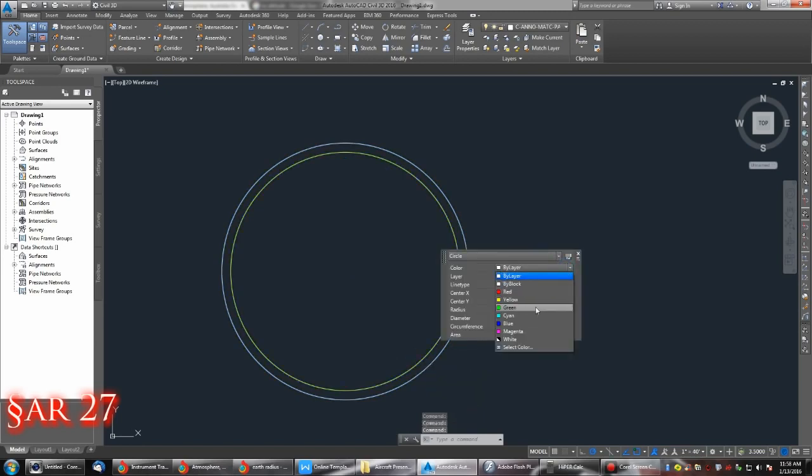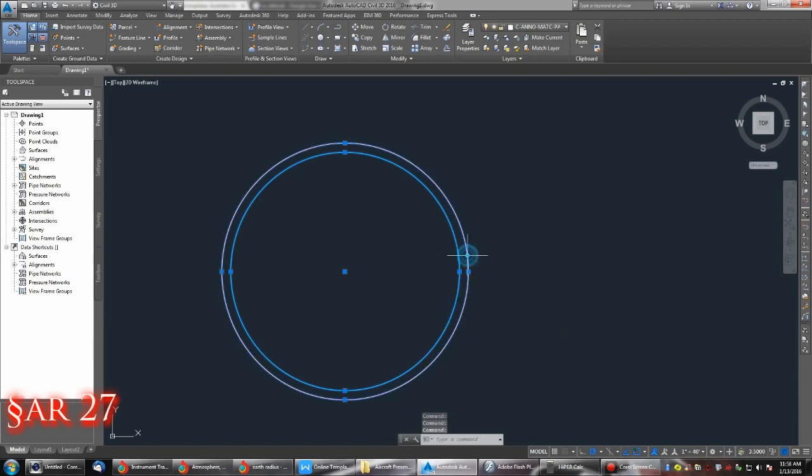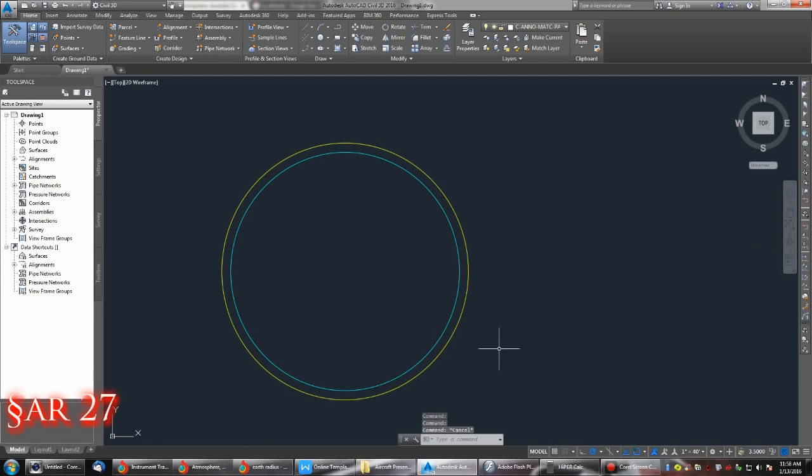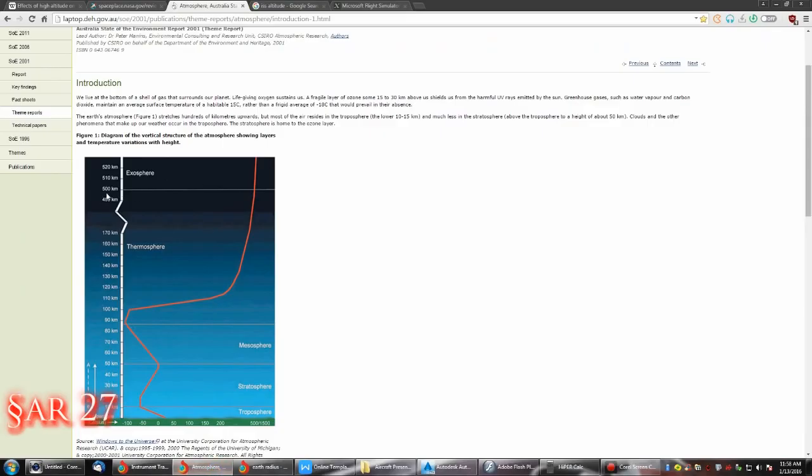Change it to blue, cyan, to represent the ball Earth. And this one I'm going to change to, I don't know, yellow. Let's just do yellow. And to verify that, we have the 500. This represents the ground to the end of the thermosphere.